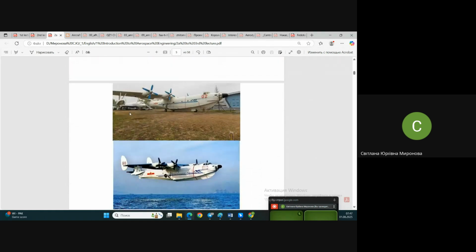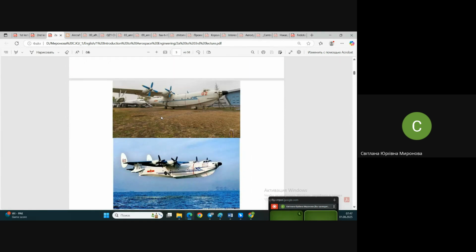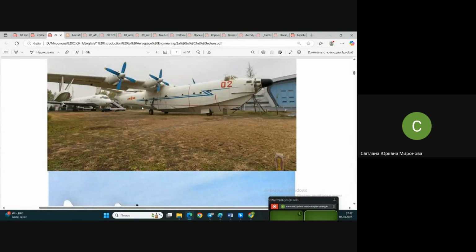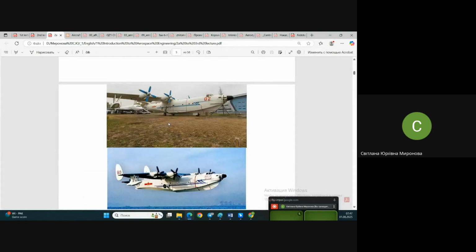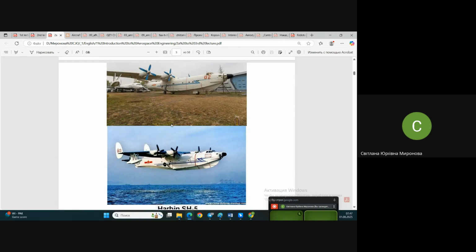Let's continue, people. What about this airplane? Again, the type of airplane is flying boat, but it's not a clean flying boat. You might see it's with landing gear. It means it's not just a flying boat, it's an amphibious airplane. Do pay attention.